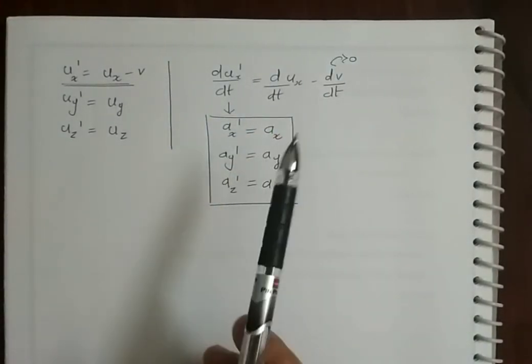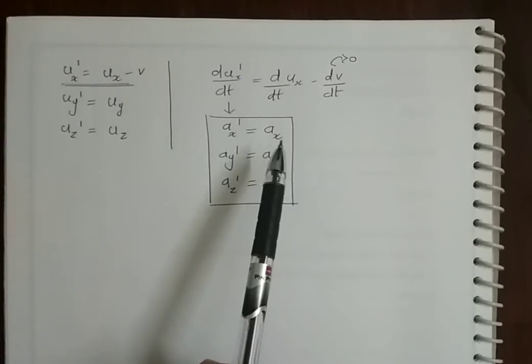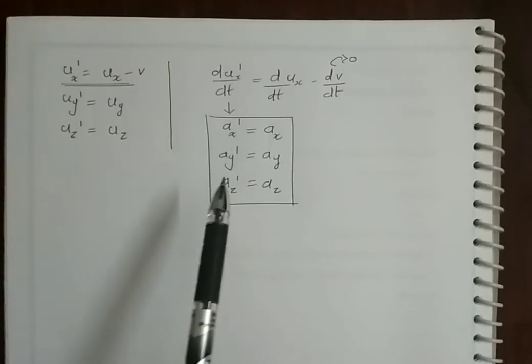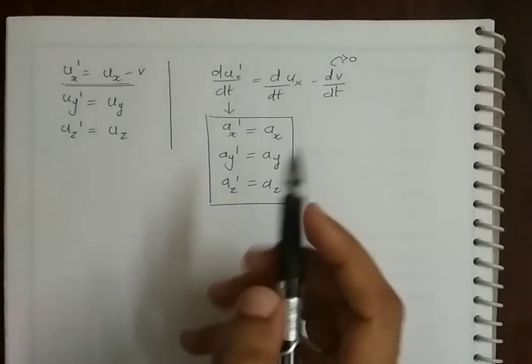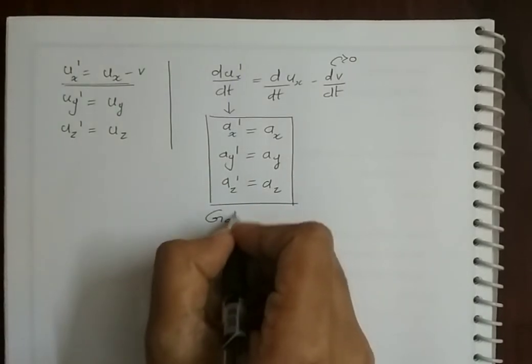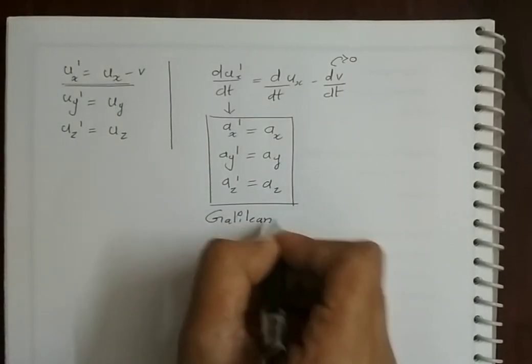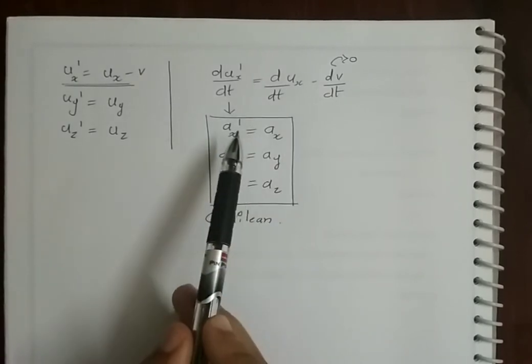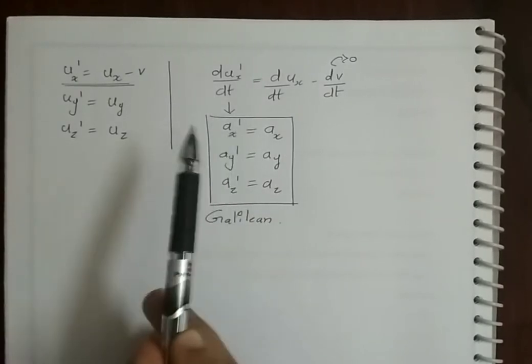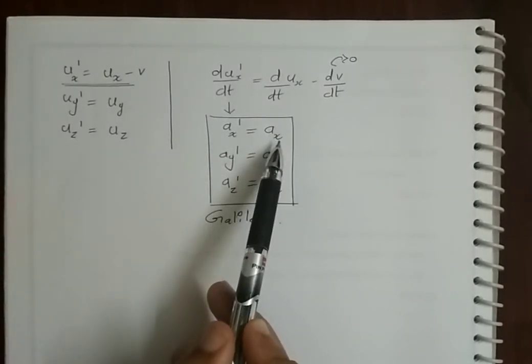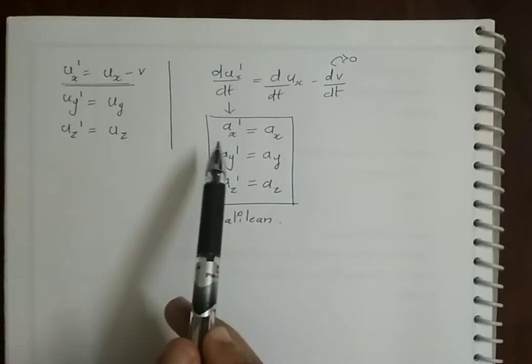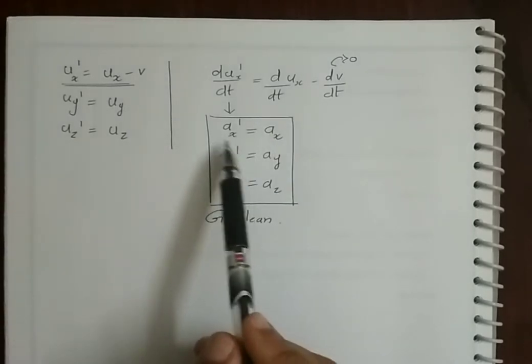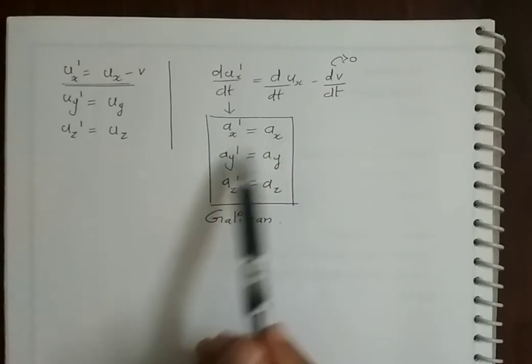Now, when you observe in Lorentz transformation, not Lorentz transformation, this is Galilean transformation. In Galilean transformation, you can observe that acceleration does not change in both the frames. Whether we observe from the S frame or the S prime frame, the acceleration of the observed particle is the same.